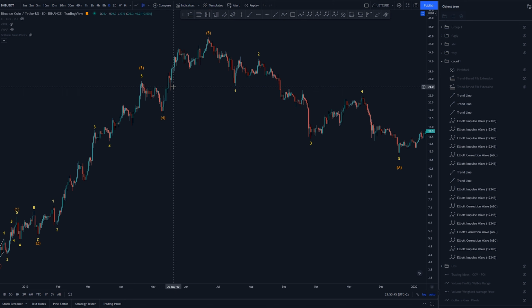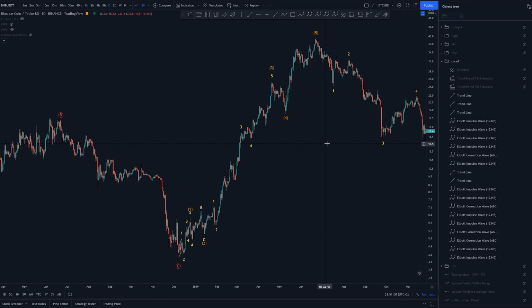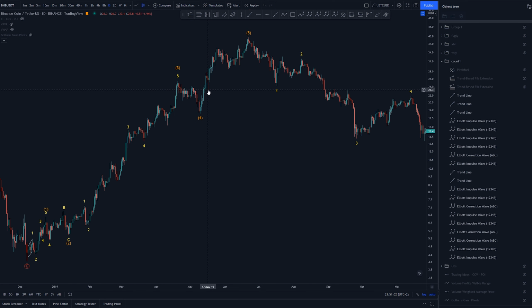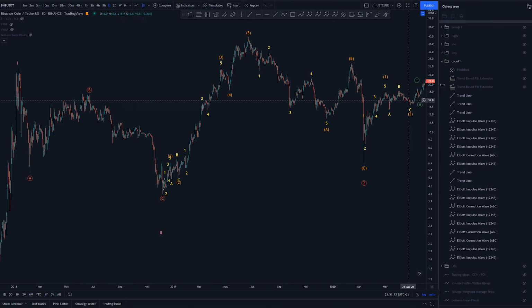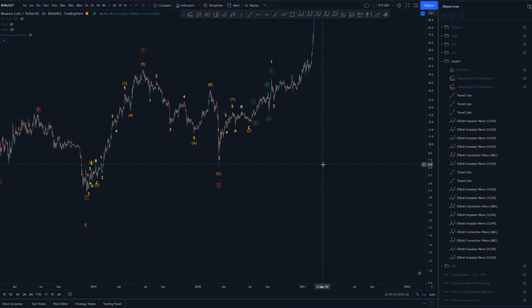Claiming this as 1, 2, 3, 4, 5 is possible, but then again there's not too much of a retrace here. That might look a bit weird. Also the time it took for this to create is nowhere comparable to this wave 4, however you want to place it. So that is an issue here.